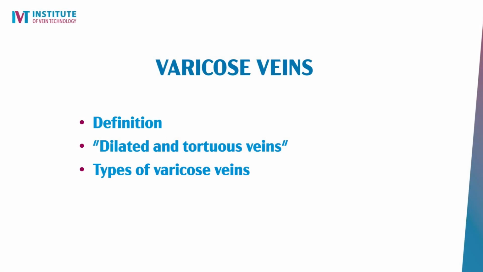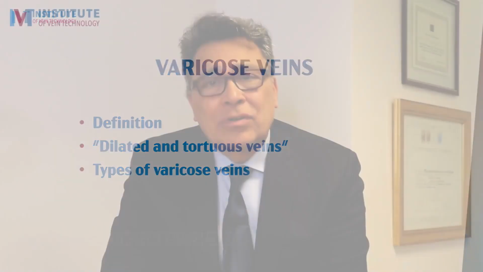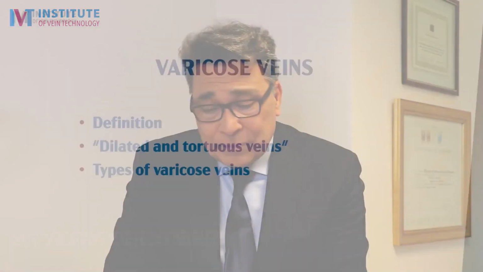Let's go to the definition. So varicose vein, we are talking about veins dilated and very tortuous in the extremities or limbs. That's for definitions. We don't see varicose veins on the other areas of the body. So we're talking about lower limbs.